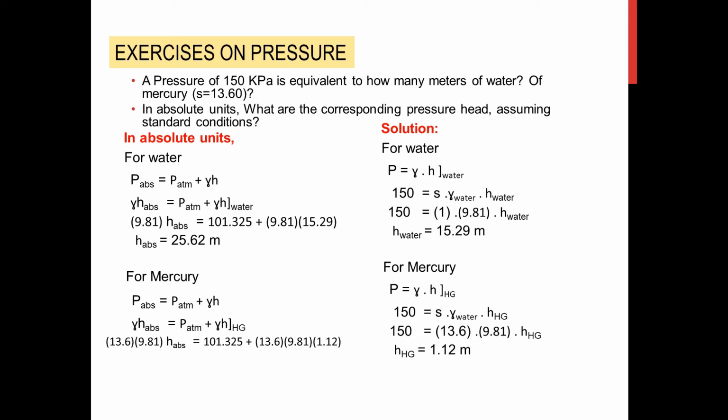So we substitute the gamma for mercury, 13.6 times 9.81 times h absolute is equal to 101.325 plus 13.6 times 9.81 times the derived head of mercury a while ago, that is 1.12 meters. Hence, we can get the equivalent head in absolute units, that is equal to 1.88 meters.